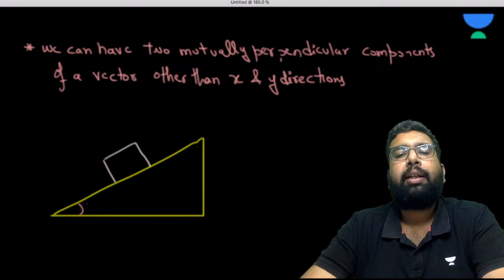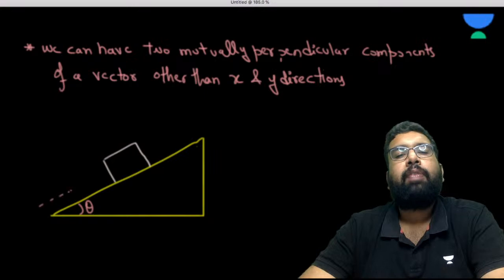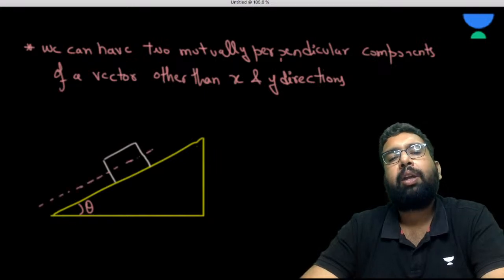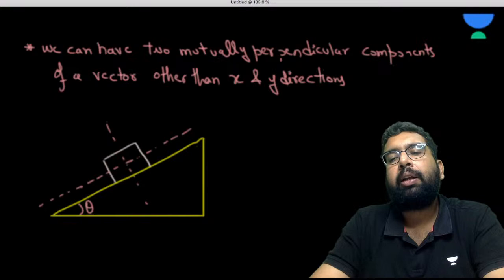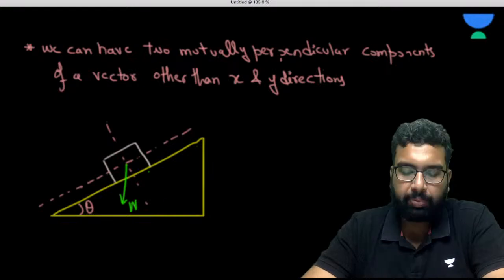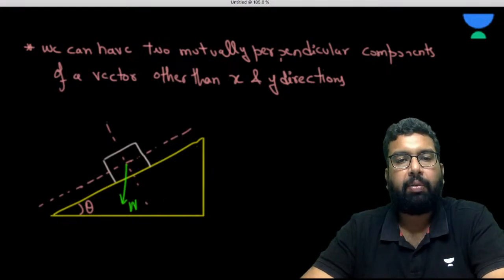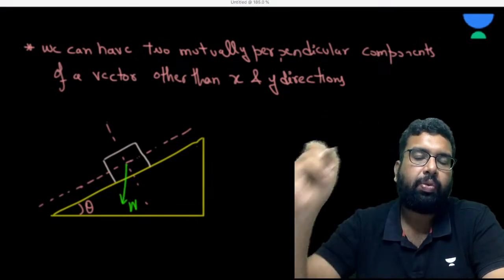Normally, we will be required to find, when we deal with friction or dynamics, the components of the forces. The weight always acts in the downward direction.